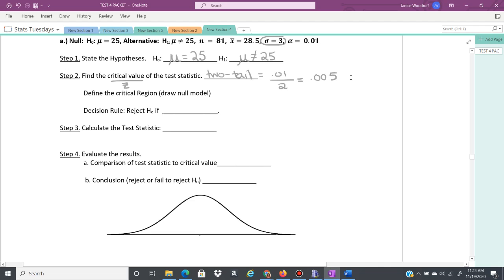I'm going to go ahead and start drawing that all the way down here. So I've got 0.005 on either side of my tail. Okay, let's find the z value that corresponds to 0.005. So I'm going to go inverse norm, 0.005, 0, and 1.